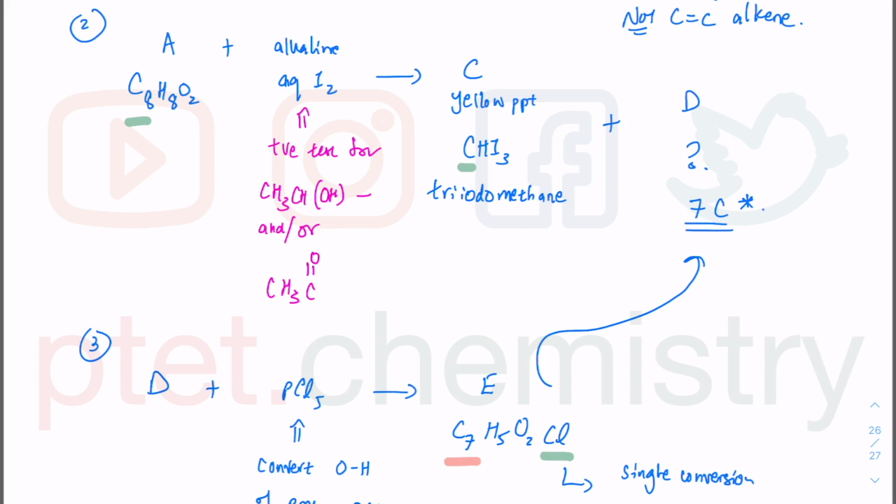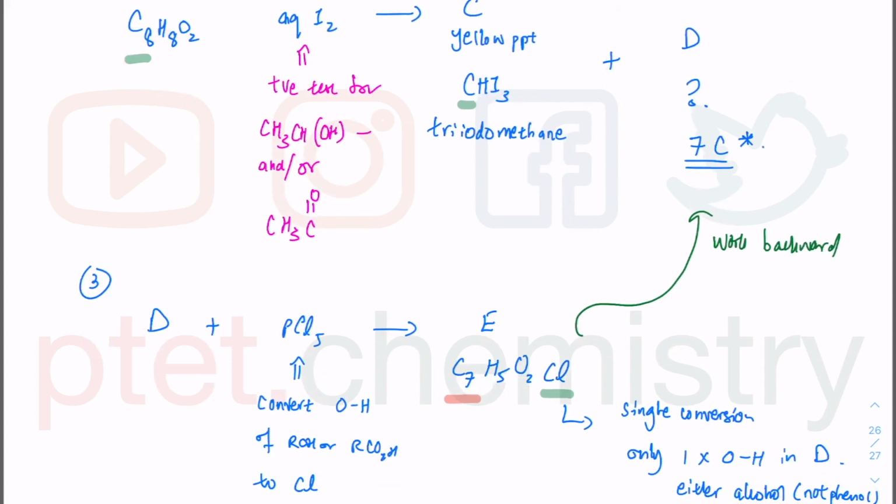If I have to work backward, which is basically this line here in green, work backward. Remember, we are replacing one single OH with Cl. So what I'll do is I'll cut out. D is going to be C7. I remove the Cl and I add in the OH.